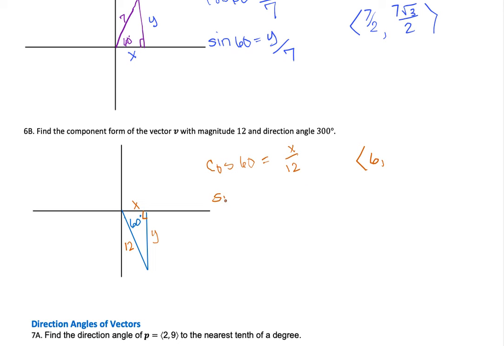And then I'm going to have sine of 60 equals y over 12. And this is square root of 3 over 2. I'm going to multiply it by 12, and I get 6 square roots of 3. One last thing I need to double check is my direction. This is in the 4th quadrant. So that means my x is positive, but my y is negative because it's going down. So I need to input my little negative sign right there.